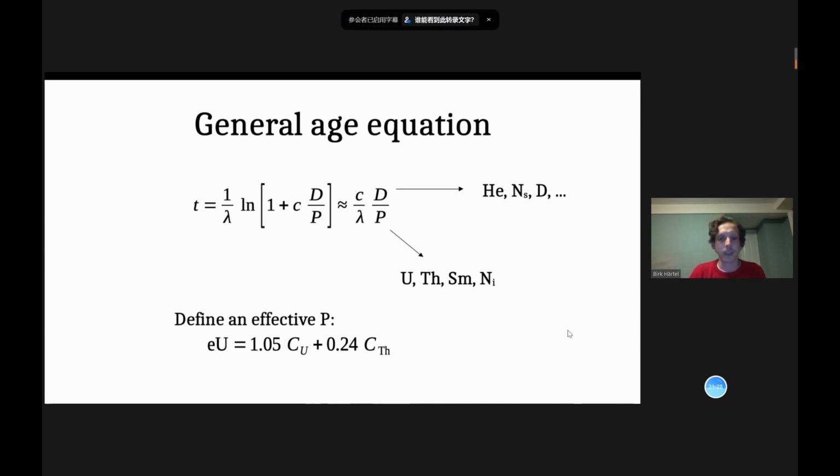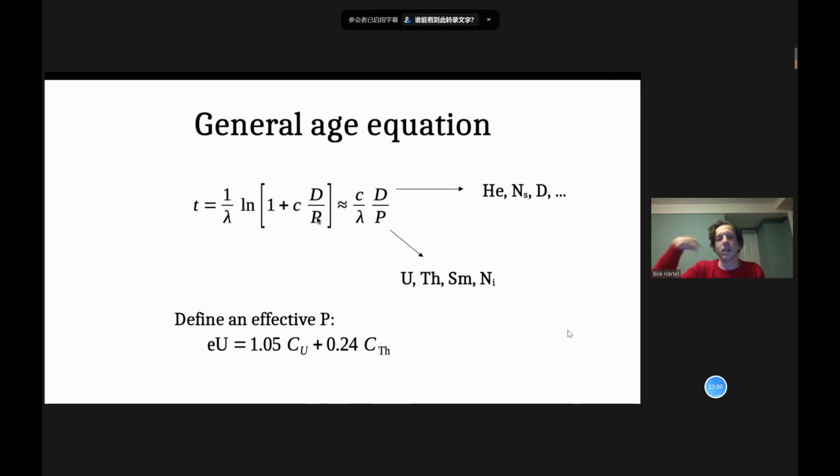And so we can define a general age equation, which is the same for all of these systems. So this is the equation, which basically takes into account the decay rate. Then we have a logarithmic function as the decay becomes slower over time. And within here, we have a daughter concentration D over a parent concentration P, and some constant which depends on the different units of those values.